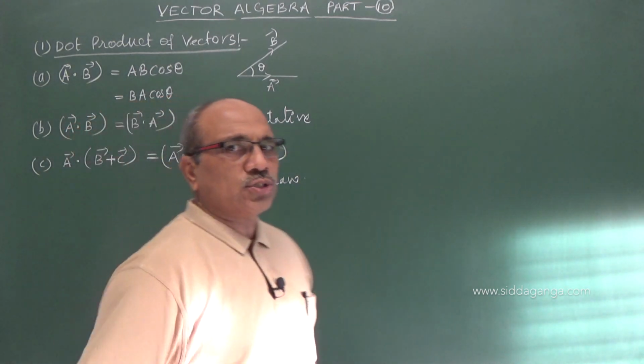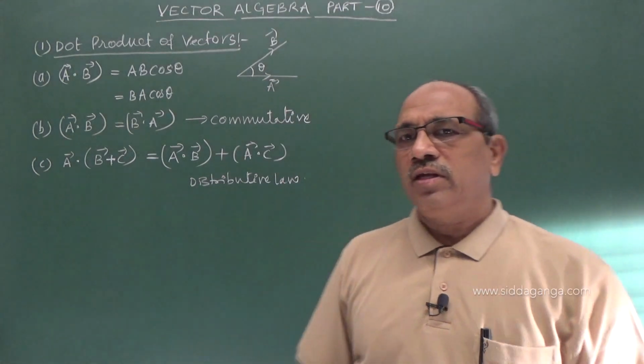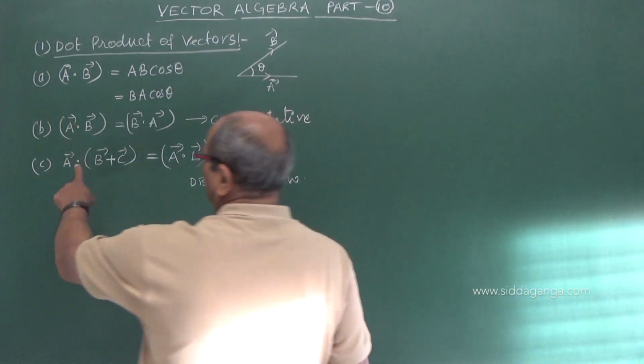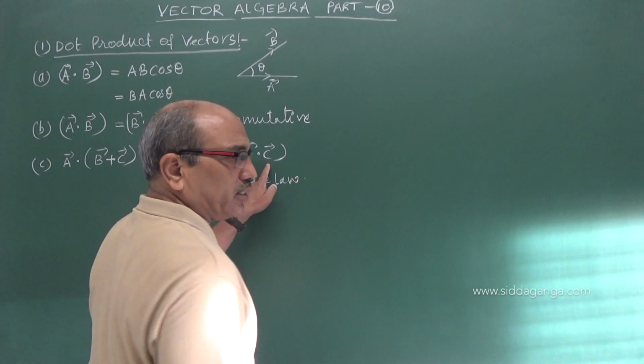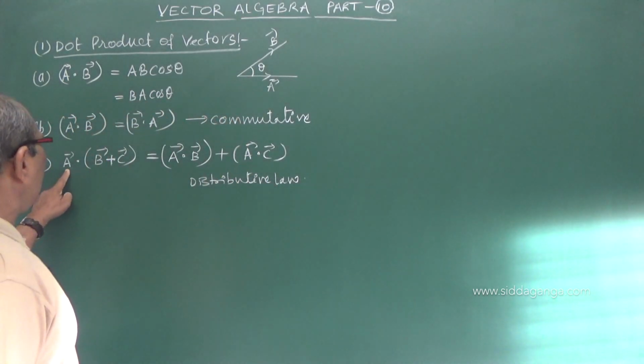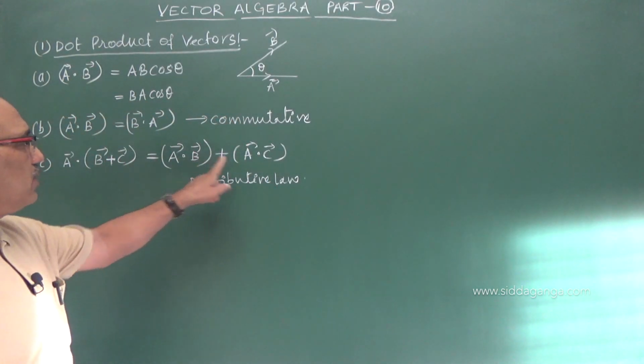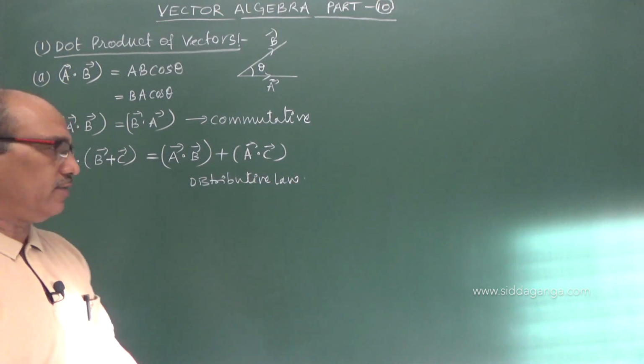Distributive law also holds good in case of scalar product. A dot (B plus C) is A dot B plus A dot C.